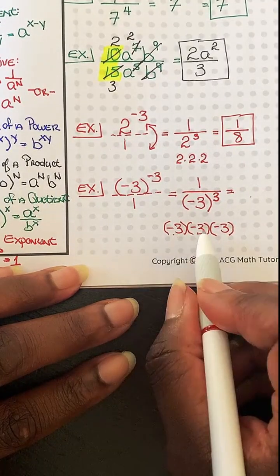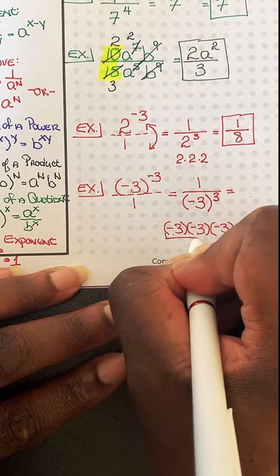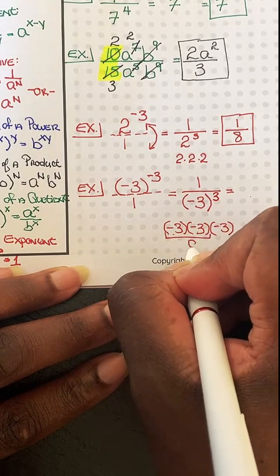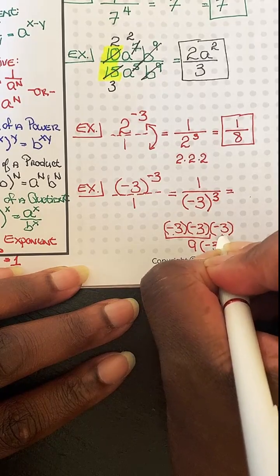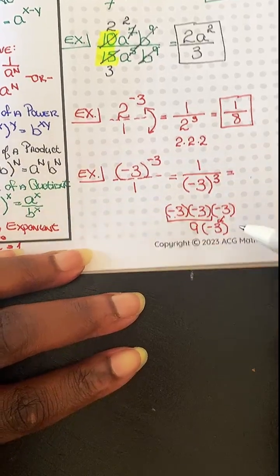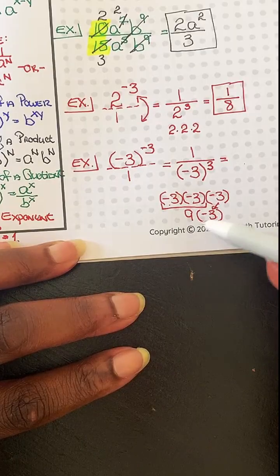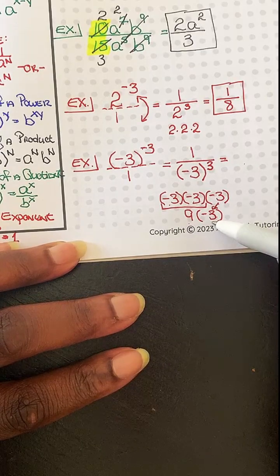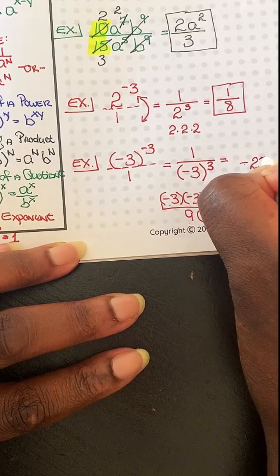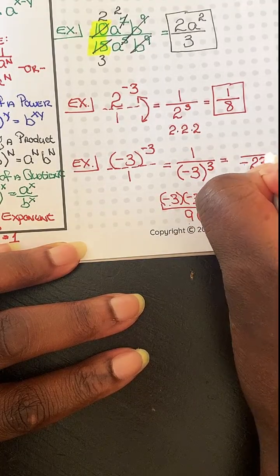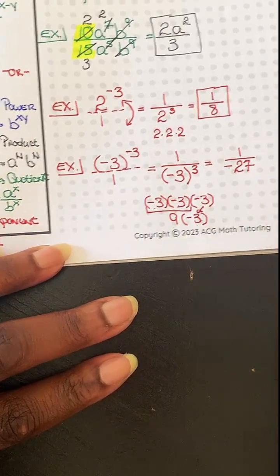A negative 3 times a negative 3 gives me a positive 9. But then we have to bring down this other negative 3. So 9 times negative 3 would give me a negative 27 over 1.